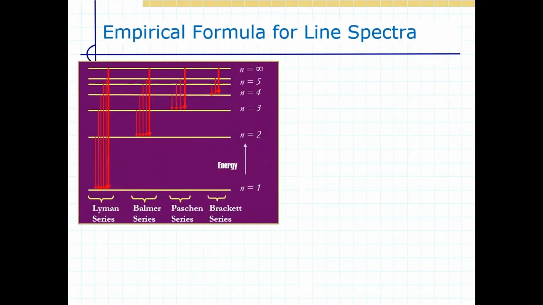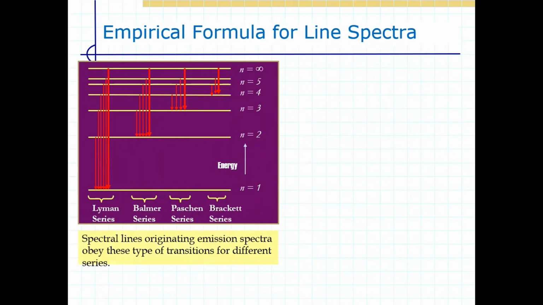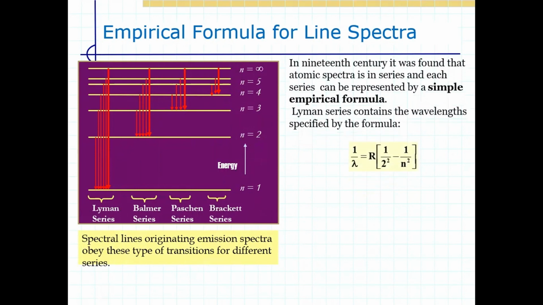Then people went on figuring out the empirical formulas for line spectra, and the spectral lines originating from the emission spectra were obeying certain transitions and series. They were termed in the 19th century as empirical relations. They were based on curve fitting, and one such series is the Lyman series.